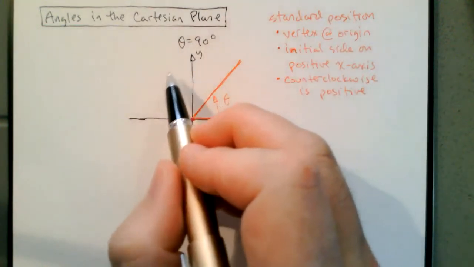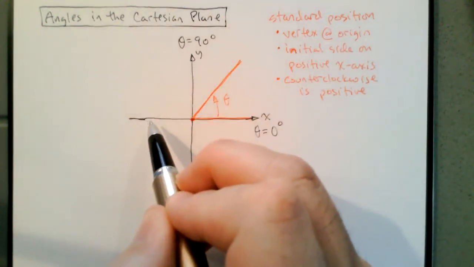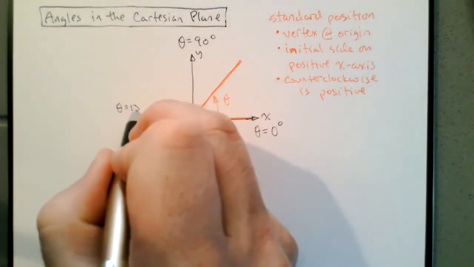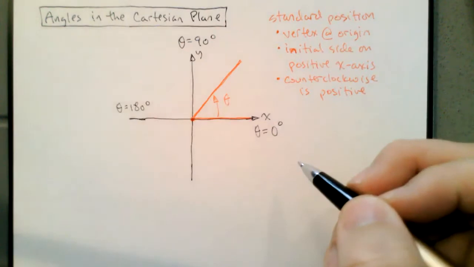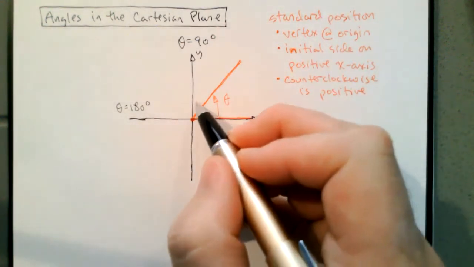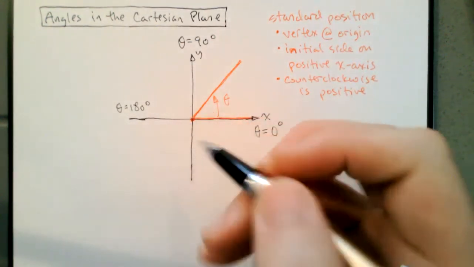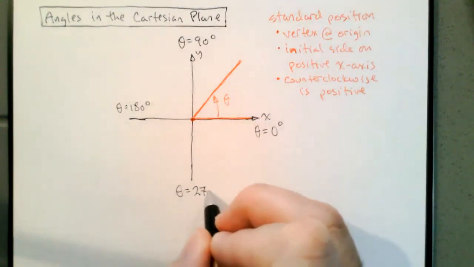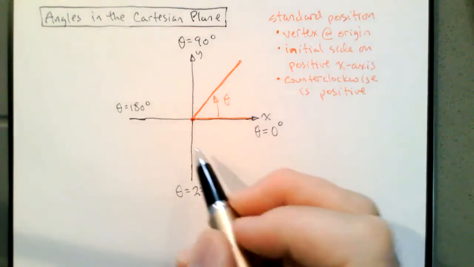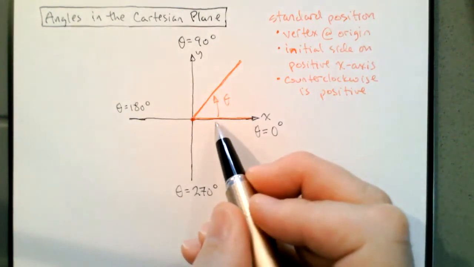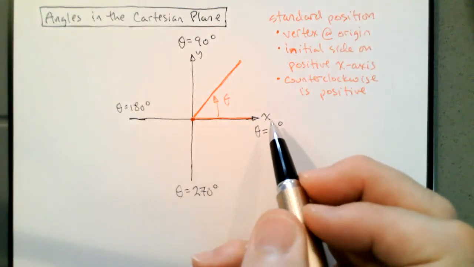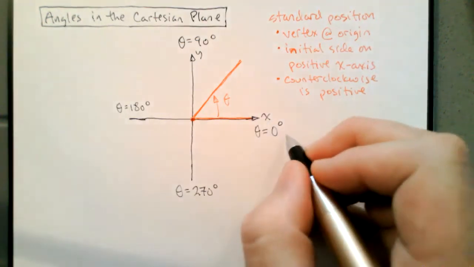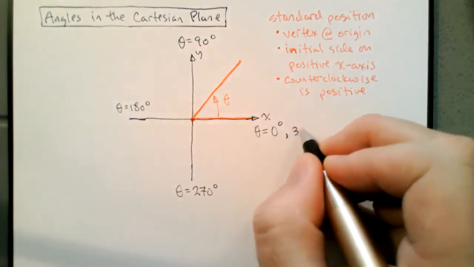Continuing past 90, the negative x-axis is where theta is 180 degrees. Continuing around to the negative y-axis, that's where theta equals 270 degrees. Continuing all the way back to the start, the positive x-axis is not only a 0 degree angle, it's also a 360 degree angle.